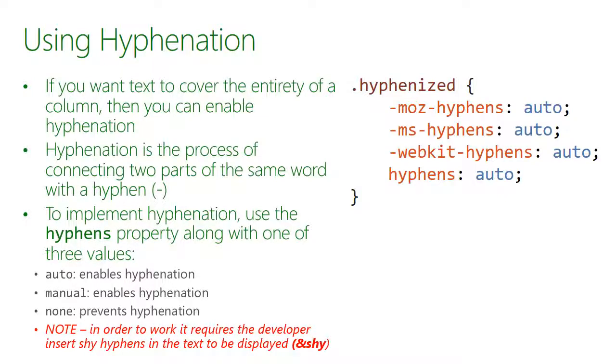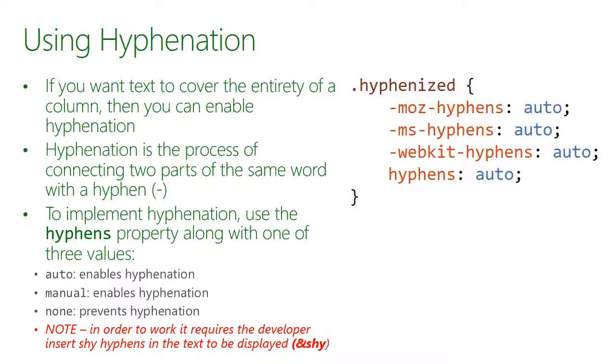Using hyphenation. If you want text to cover the entirety of a column, then you can enable hyphenation. Hyphenation is the process of connecting two parts of the same word with a hyphen. To implement hyphenation, use the hyphens property along with one of the three values. Auto, which enables hyphenation, manual, which enables hyphenation as well, and none, which prevents hyphenation.